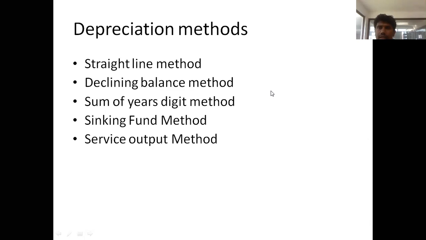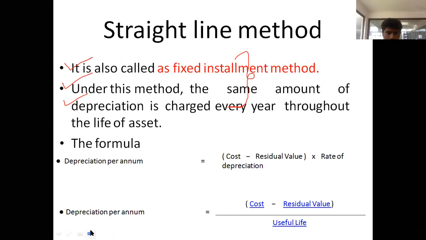These are the methods by which we calculate depreciation. In today's session, we'll be dealing with three of these methods to calculate the depreciation amount.